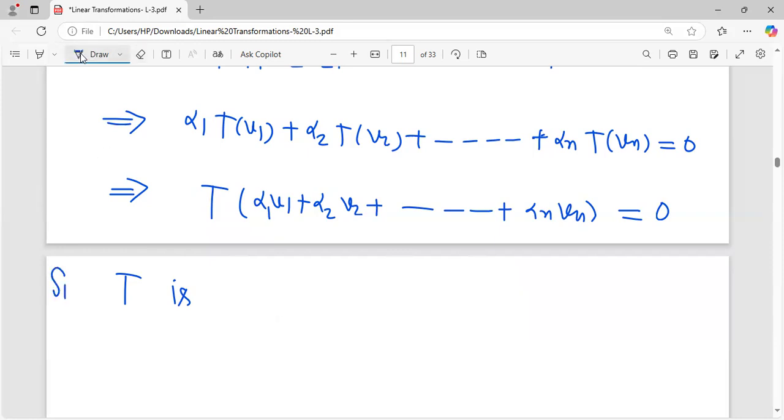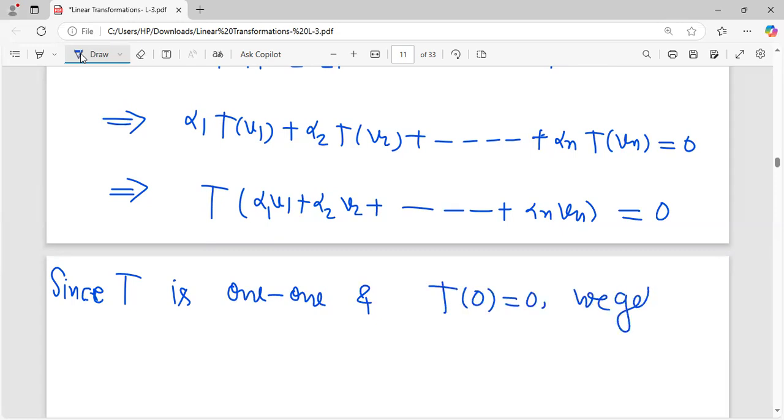Since T is 1-1 and T of 0 is 0, we get alpha 1 v1 plus alpha 2 v2 up to alpha n vn is equal to 0.